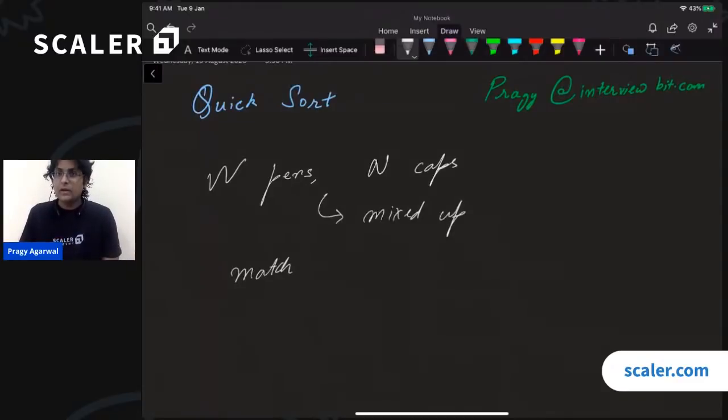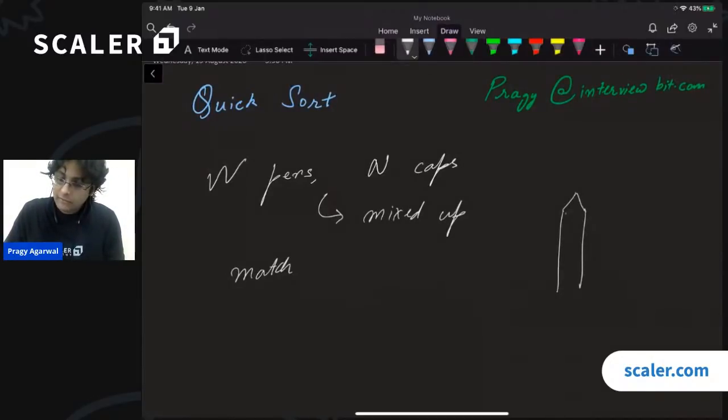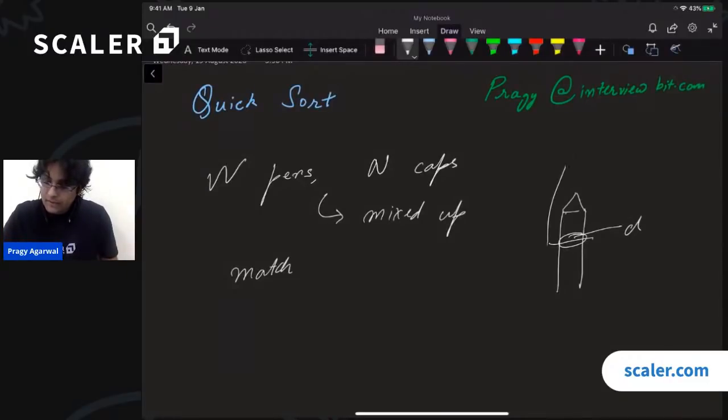Okay. Cool. So there are some constraints with this particular problem. For example, let us suppose that you have a pen, right? This pen is going to have some fixed diameter, right? So this pen has some diameter d. All right. Now, if a particular cap goes over this pen, then this cap's internal diameter must also be d.